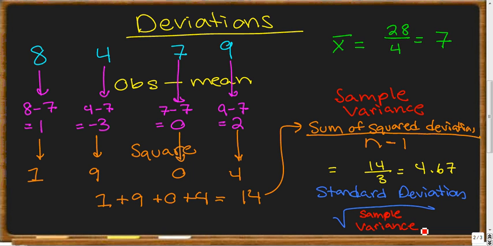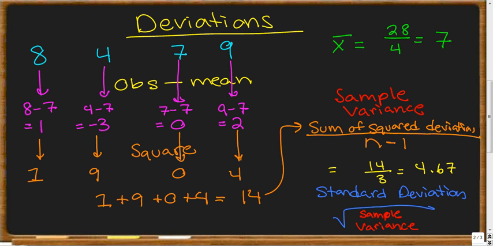Okay, so we just take our variance and we take the square root of it and find our number. So in this case, it'll be a number slightly over 2, so it'd be the square root of 4.67.